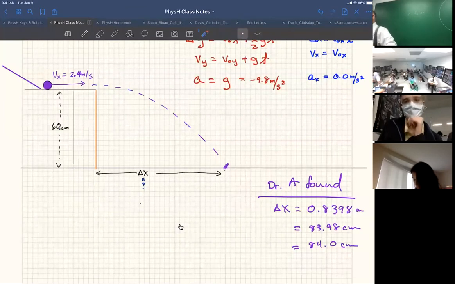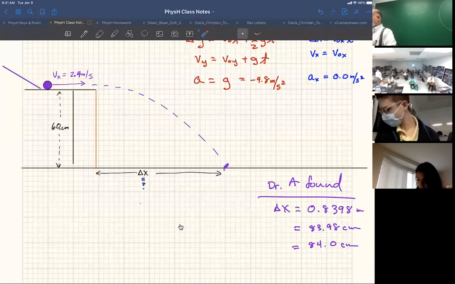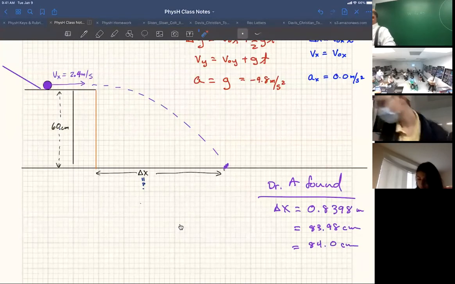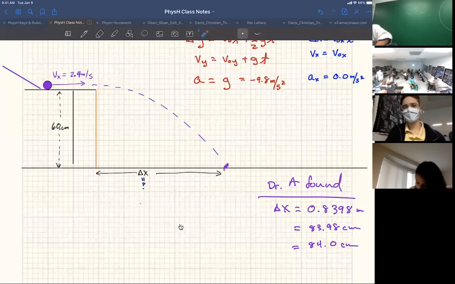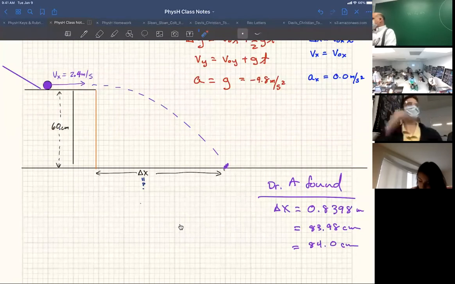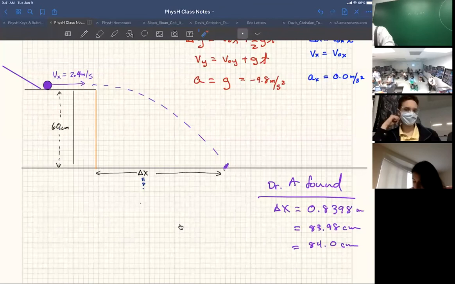It's not moving down initially. It's moving with the same velocity it had when it was on the desk at the very beginning. Now, over time, as it falls, the vertical velocity gets more negative, a bigger and bigger negative number.